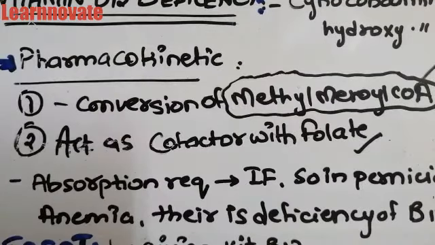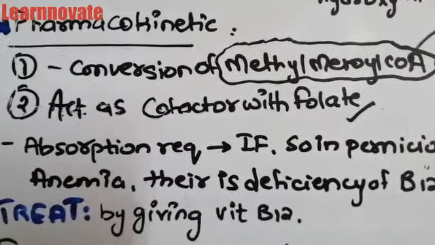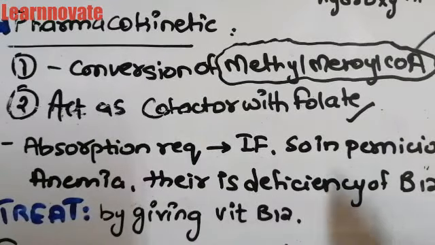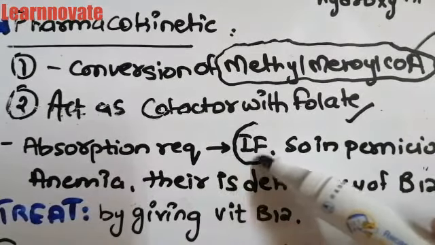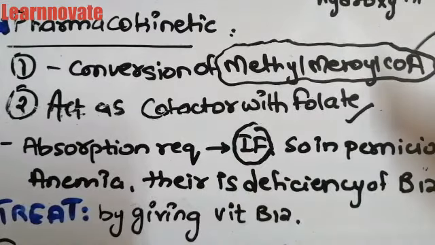Now, the absorption of vitamin B12 requires the intrinsic factor in the gut. In the GIT, there is the intrinsic factor, IF, required for the absorption of vitamin B12. So in pernicious anemia, what happens? There is a deficiency of vitamin B12. Why?